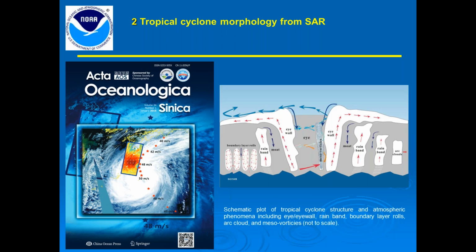On the left-hand side of this cover, you can see the relative coverage between the SAR and the background MODIS image. SAR only covers part of the hurricane system. That's because of the limitation of this particular image, acquired, I think, in image mode. If we have a wide swath mode, it could cover most of the hurricane.